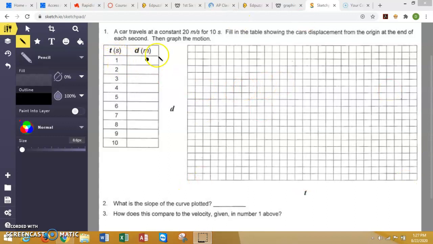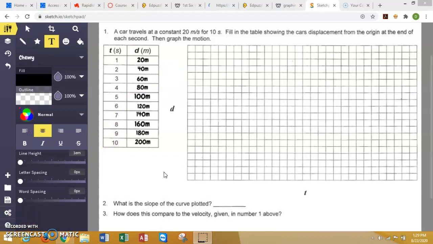So the question is, if the car is moving at 20 meters per second, each second, how far does the car go? I guess the question is, what does 20 meters per second mean? 20 meters per second means the car travels 20 meters every second.